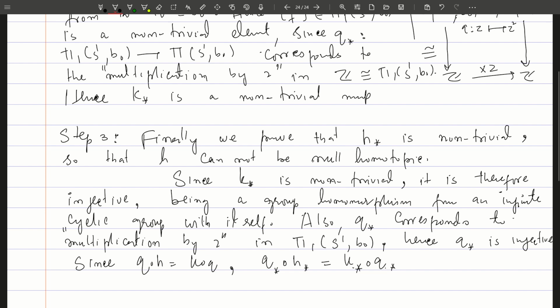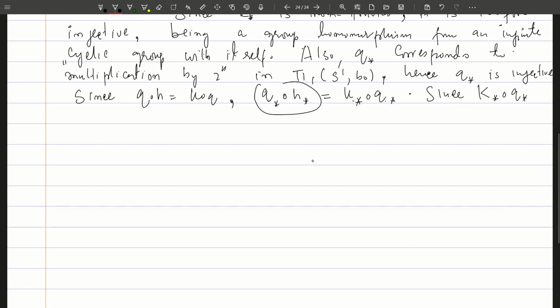Now this being injective means H star is injective because Q star is injective. So since K star composite Q star is injective, hence H star is injective.